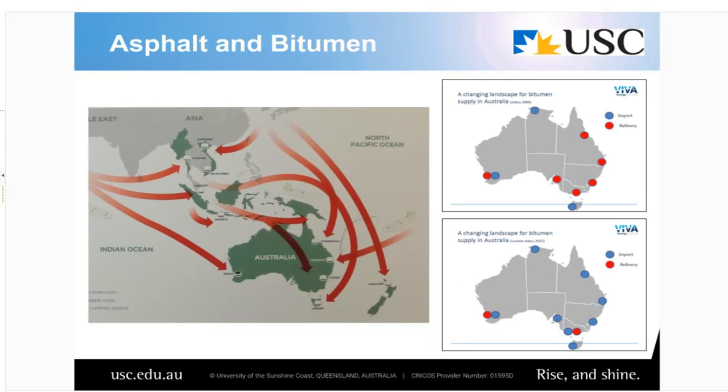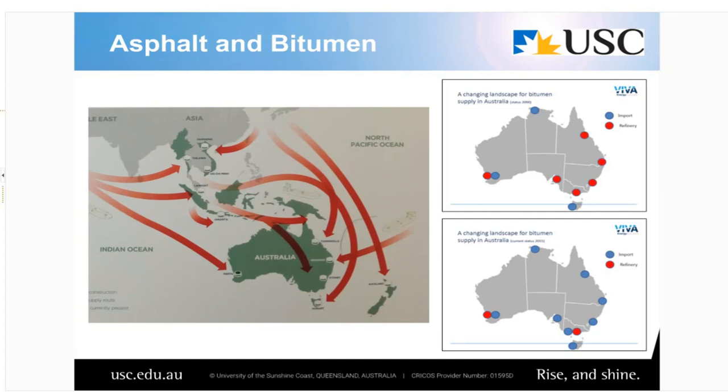In 2000, and that would have been the case almost up until 2010, I suspect, we had six refineries turning oil into bitumen and fuel and other products, and three importing facilities where finished bitumen could be imported.